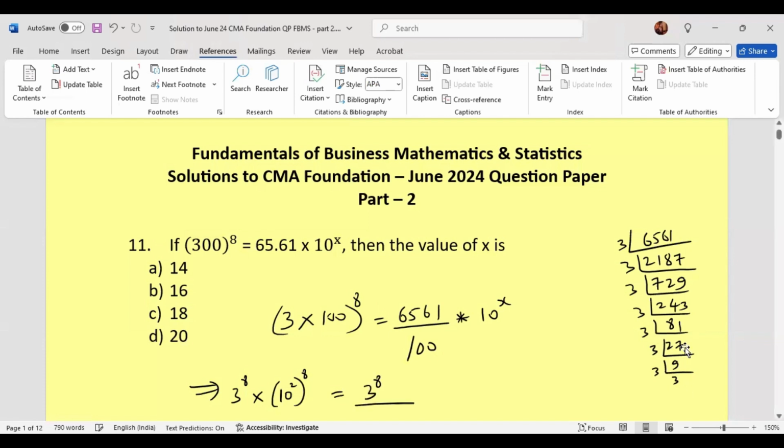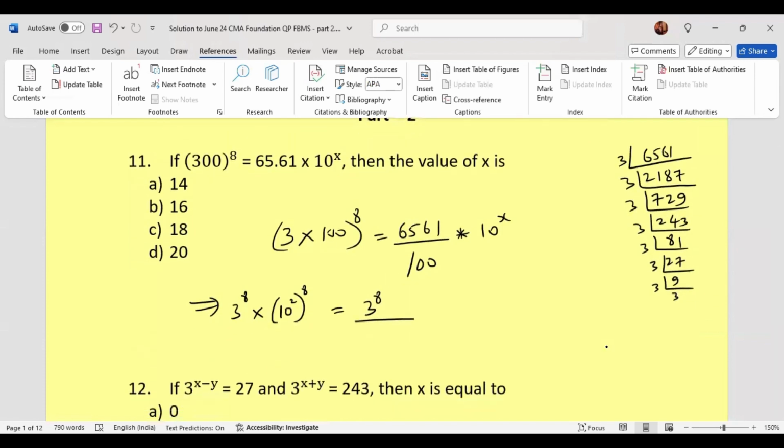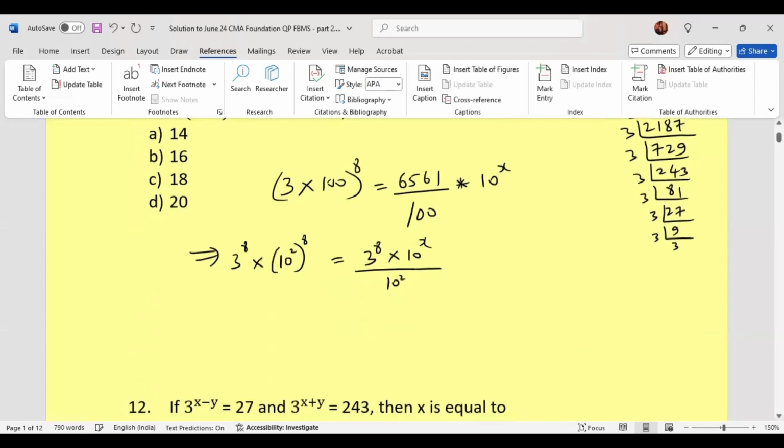And then this is multiplied by 10 to the power of x. 100 we can write as 10 square, which means we can cancel 3 to the power of 8 on both sides. So we will have now 10 power 16 is equal to 10 to the power of x minus 2.